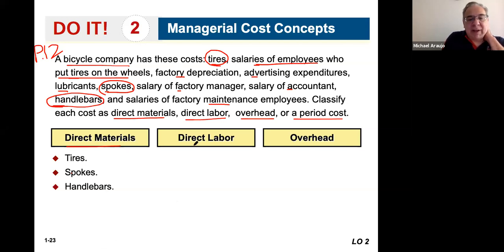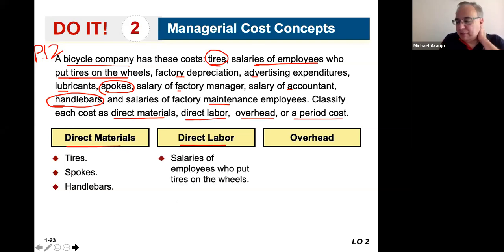Now for direct labor, these are folks that are directly related to putting the bicycles together. We're looking at the salaries of the employees who put the tires on. So that's the only direct labor cost that we have. We do have a lot of overhead costs here.